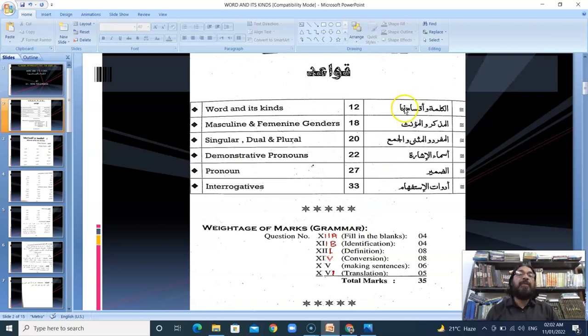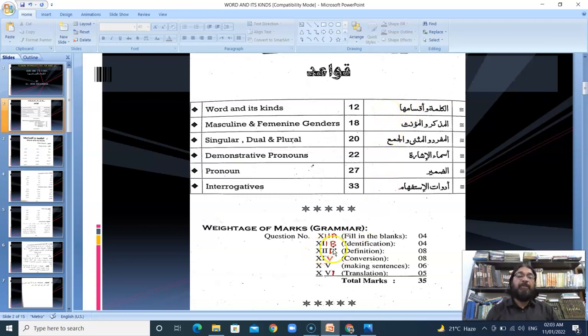Like one is from Al-Kalimatu wa Aqsamuha, another one from Asma'ul Ishara, from Al-Dhamir, from Adawatul Istifham. So all together, fill in the blanks will be 4. Among these 4 blanks, any one will be asked in the final examinations for 4 marks. So today we will study the first one, which is under the Al-Kalimatu wa Aqsamuha.